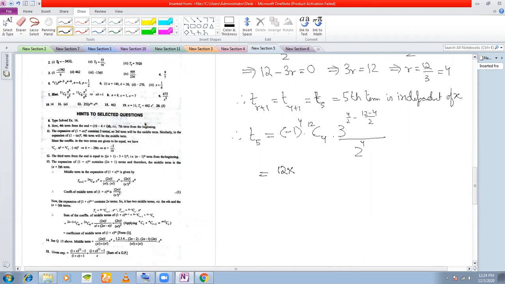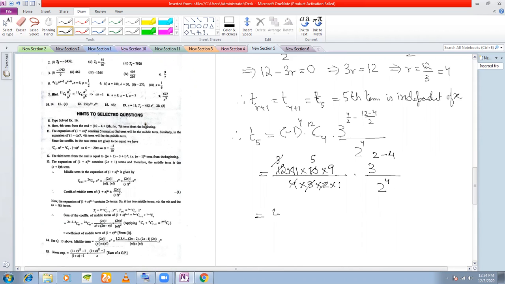Now you simply need to calculate 12c4, this into 3 to the power of 2 minus 12 minus 4 by 2, 8 by 2, which is 4, divided by 2 to the power of 4. Let us calculate this. 4 1 4 3 3 3 2 1 2 5. So this is 55 into 9. And how much is 55 into 9? 495.